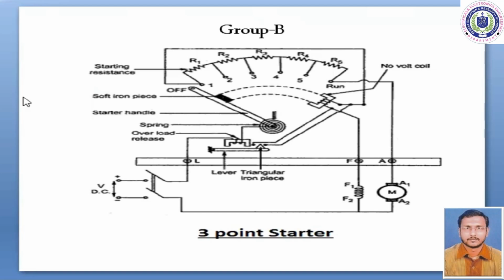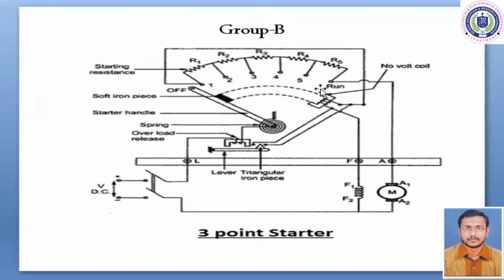But the important thing is, what is the drawback of the 3-point starter? Whenever the current reaches the field winding through the no voltage coil, and if we are trying to apply the field flux control method, the decreasing field current will affect the no voltage coil.